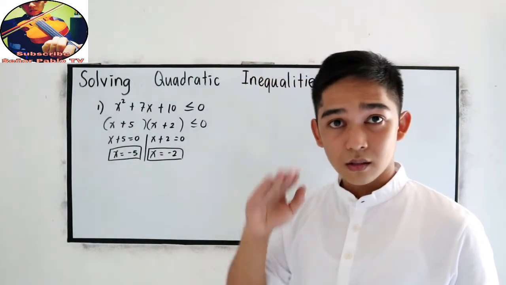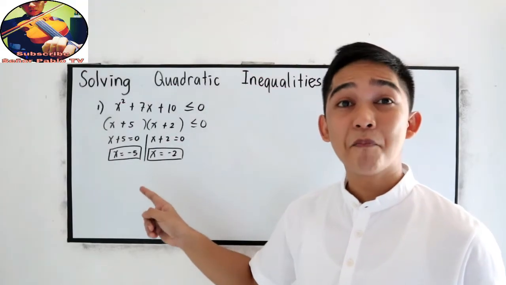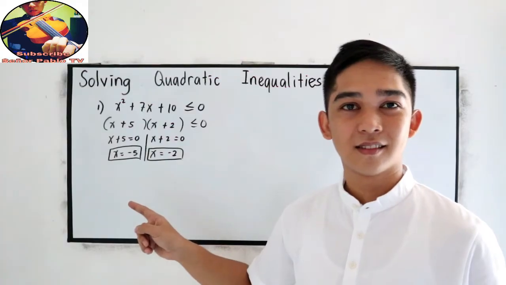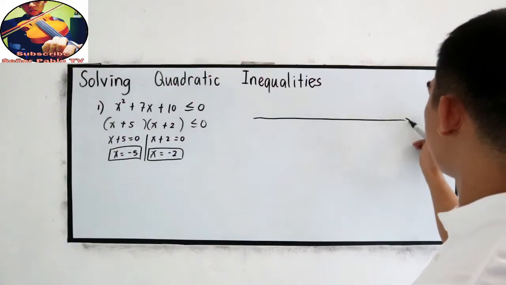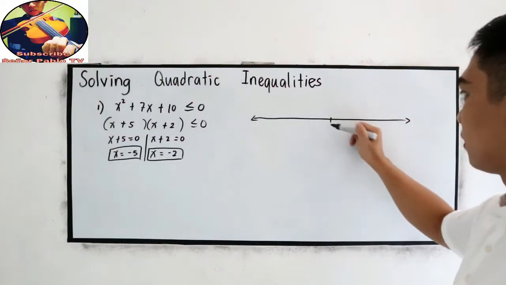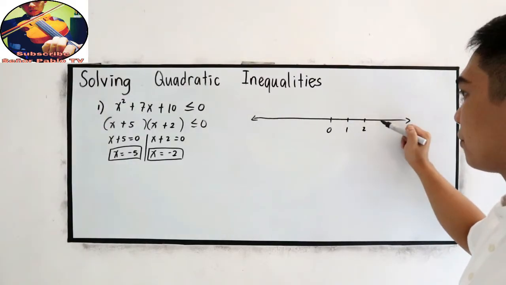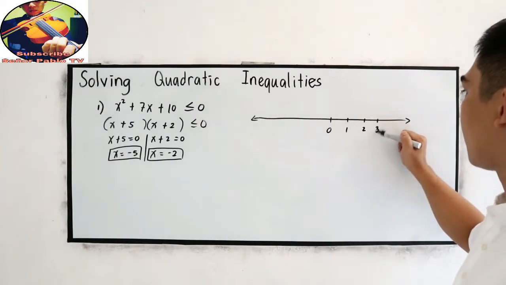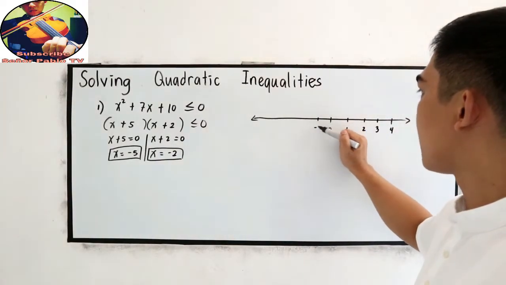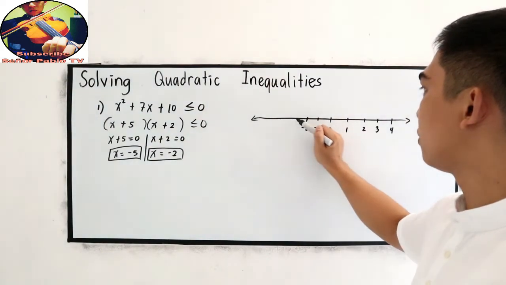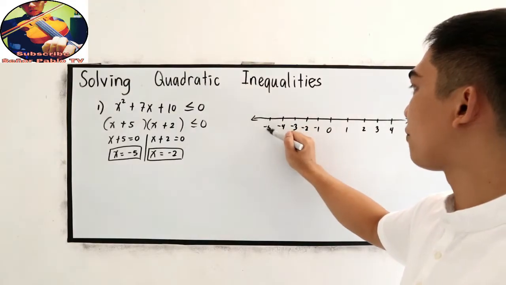Now, next step. You need to plot on the number line. Let's say this is our number line. We have 0, positive 1, positive 2, positive 3, positive 4, and we have the negative numbers, negative 1, negative 2, negative 3, negative 4, negative 5.